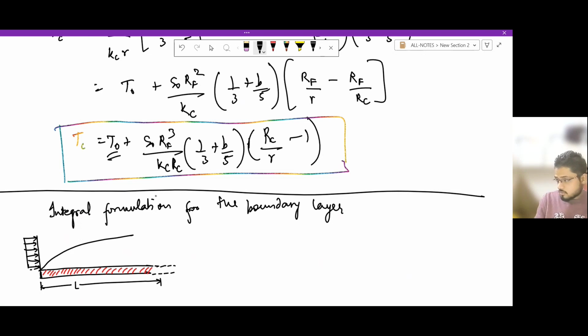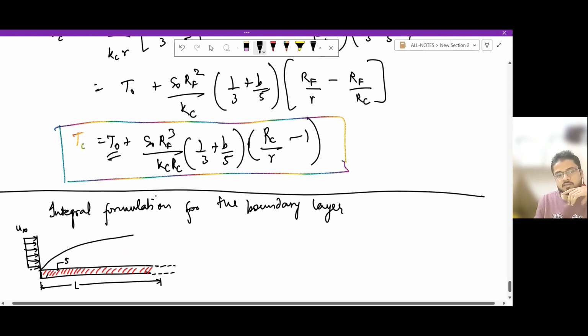So what you could write here is, for example, you have something like u infinity right here. So the free stream velocity or the speed is u infinity. Due to the presence of a surface right here, the fluid layer that is close to the surface sticks, in the sense that it does not slip over the surface.